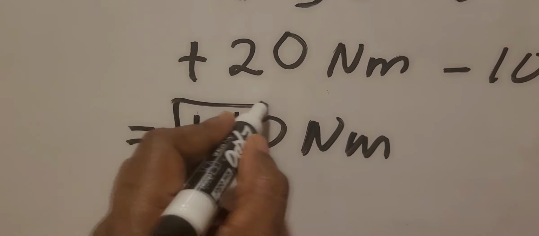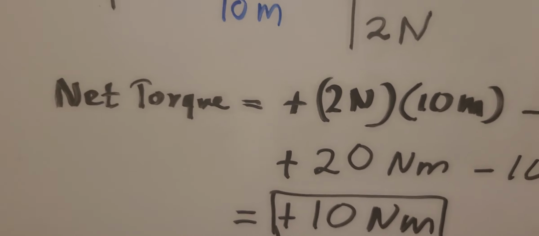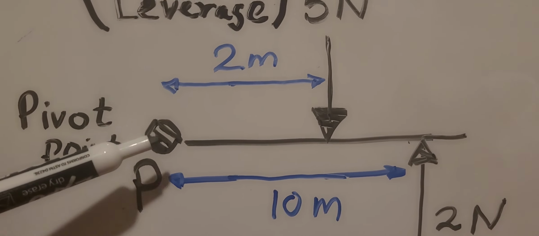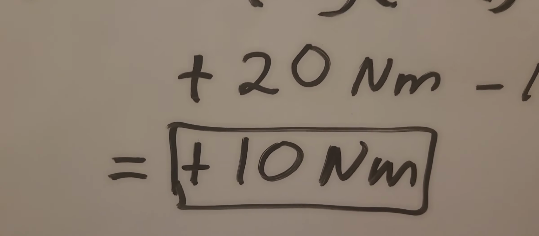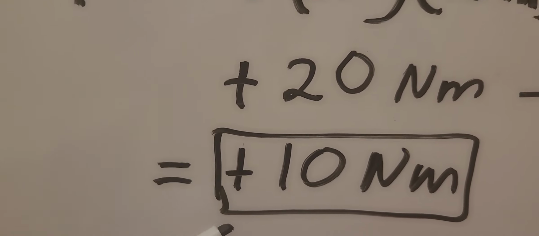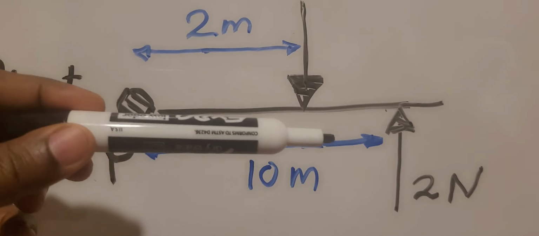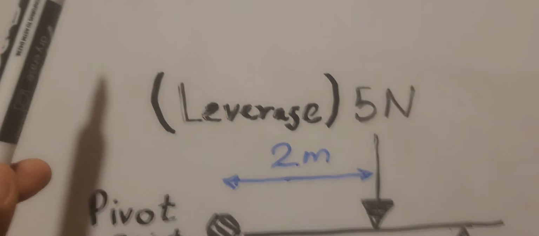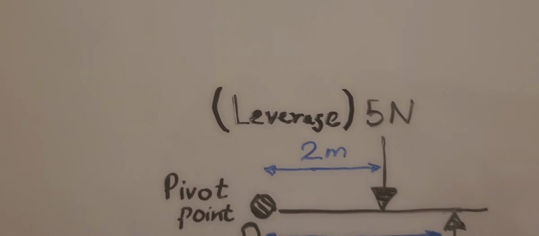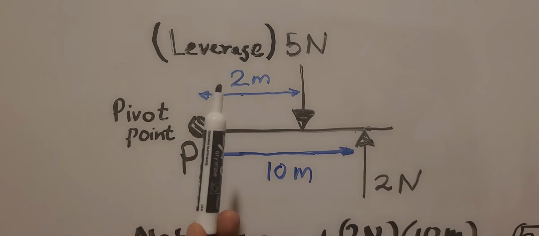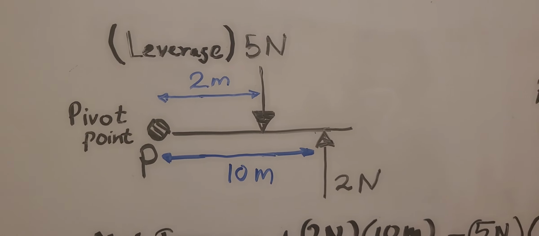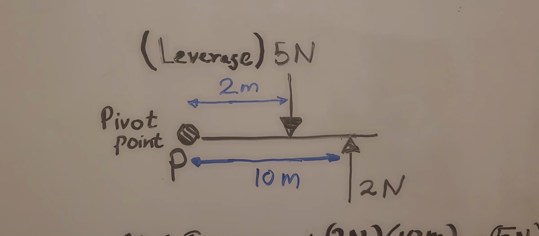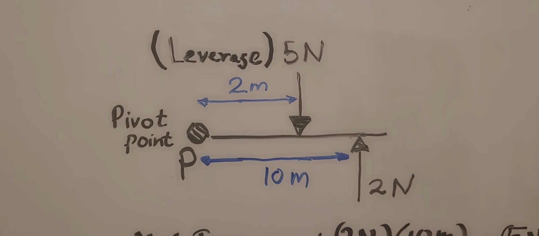That's the net torque about this pivot point P. And the plus sign indicates that the net torque is a counterclockwise torque, based on our convention. So that's how we find the torque. In this case, it's a net torque.